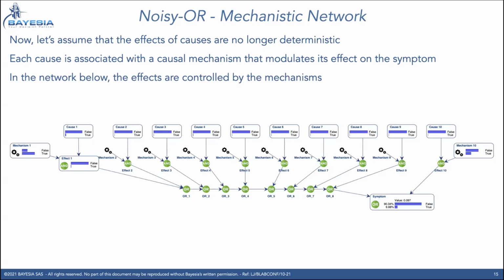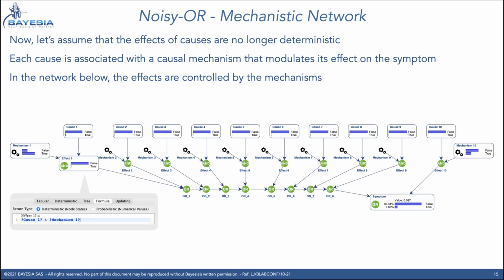So I'm still here with my 10 causes, right? And I have one mechanism per cause, which is here Boolean. And this mechanism will really define when this cause is going to be expressed, if you will, right? So in this example, for effect one to be true, I need to have at the same time cause one and mechanism one true.